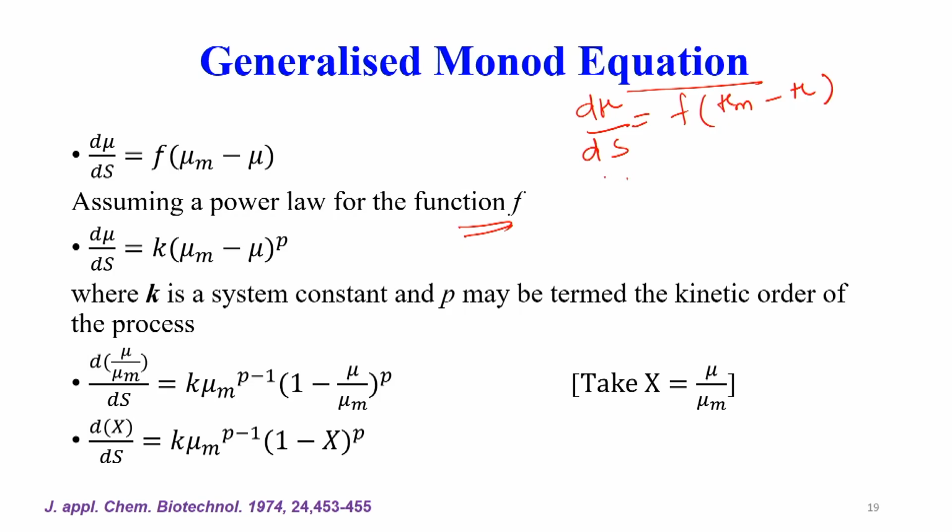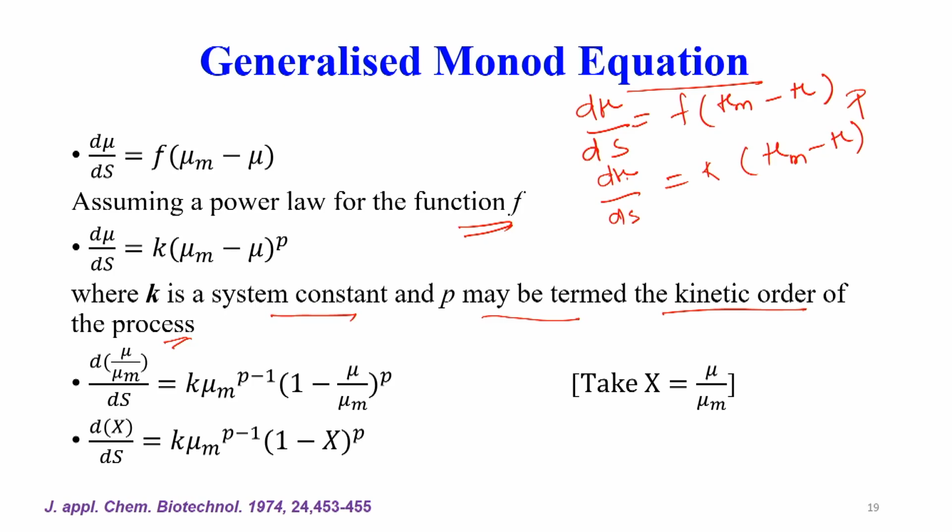So, we can write d mu upon ds equals k into (mu max minus mu) to the power p, where k is a system constant and p may be termed as the kinetic order of the process.